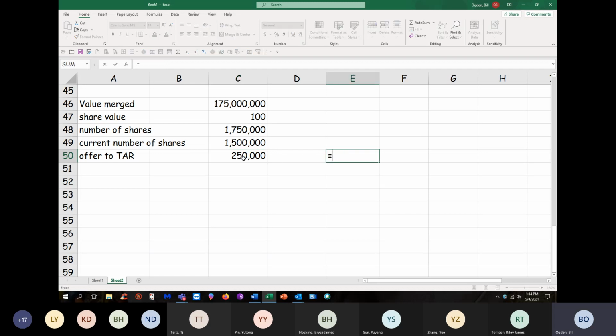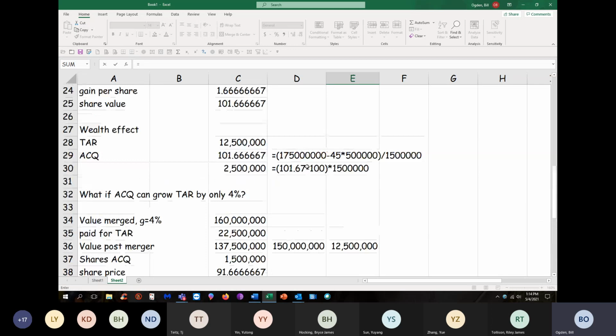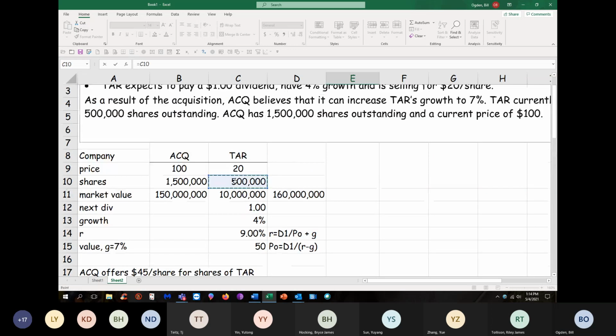So let me label this first. They will offer 250,000 shares of ACQ for the 500,000 shares of TAR.